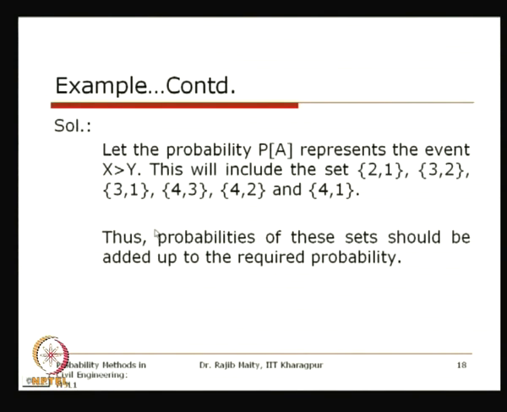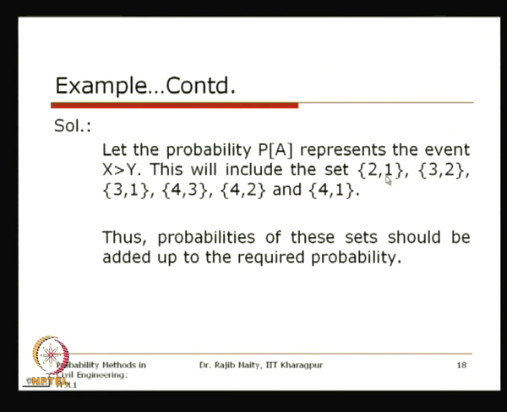If this is understood, then it is straightforward. The event is represented by the set (2,1), (3,2), (3,1), (4,3), (4,2) and (4,1). All these pairs satisfy the condition x greater than y.